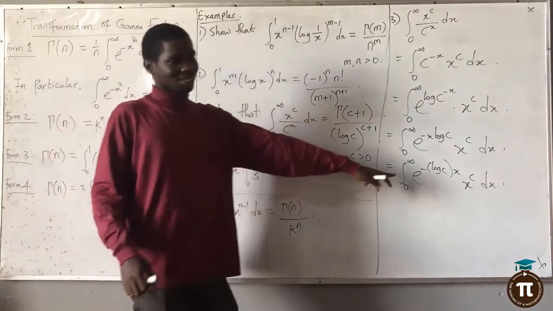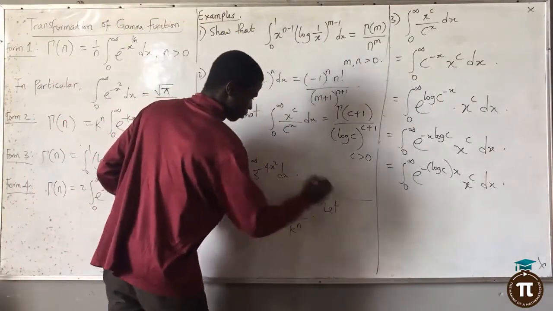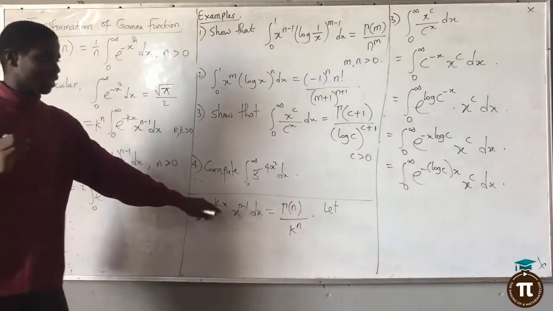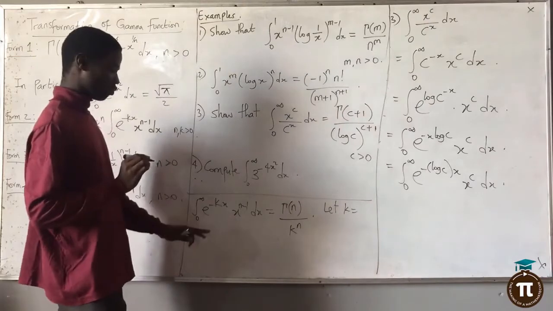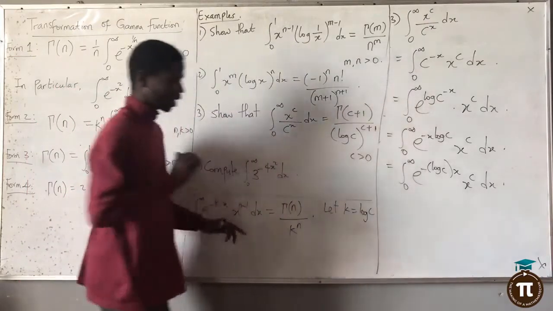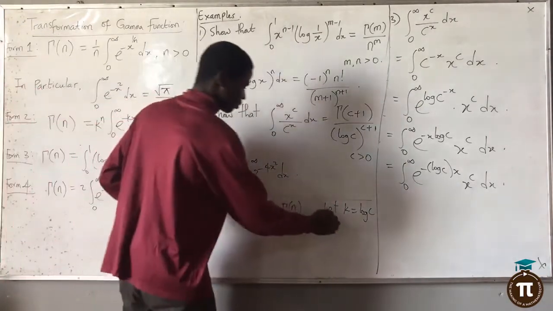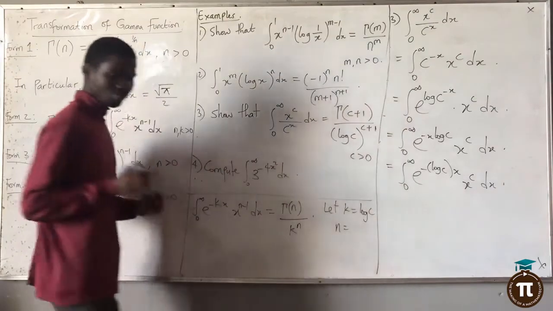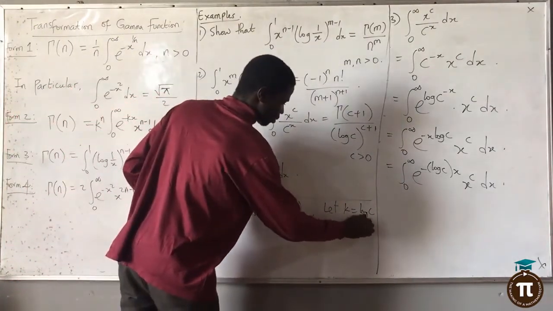So to get this, look at what I'm going to do. Let k be equal to log c, and let n be equal to c plus 1.